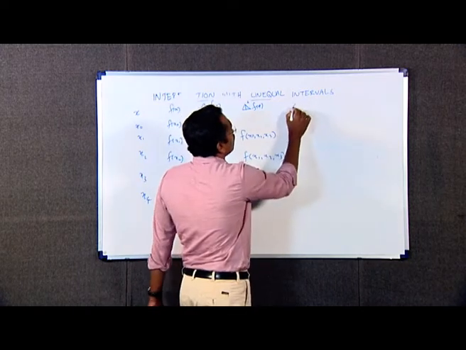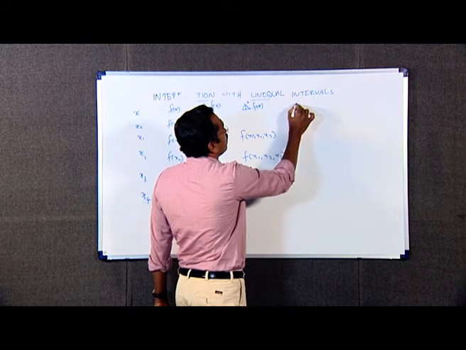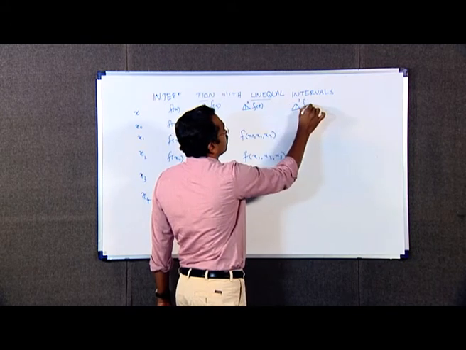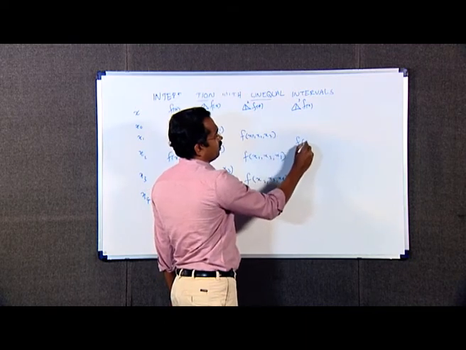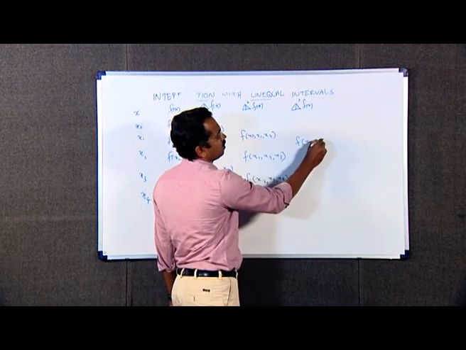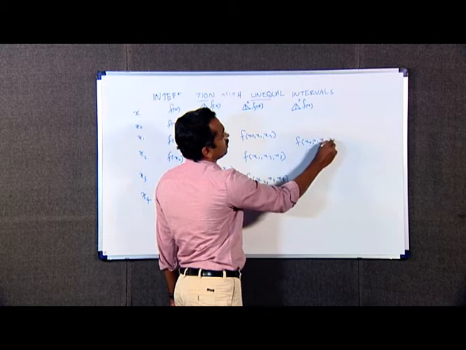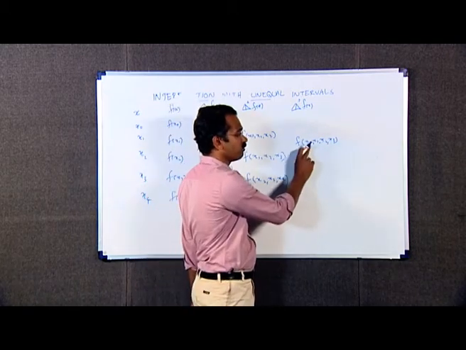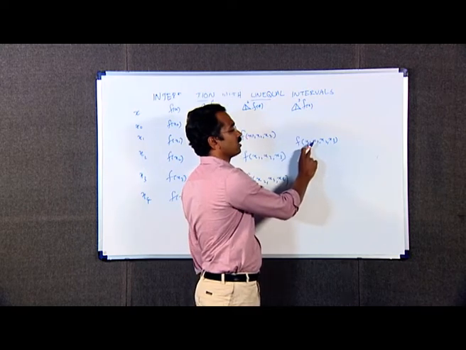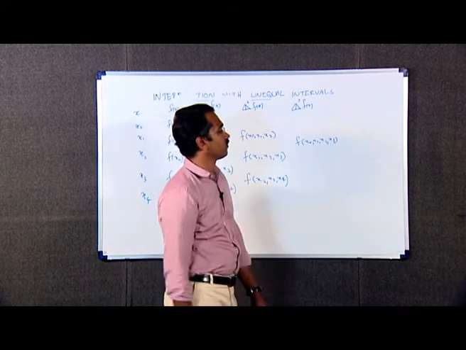Now, the third differences are divided delta cube f of x. Here f of x0, x1, x2 and x3, that is the third order divided difference involving the arguments x0, x1, x2 and x3.